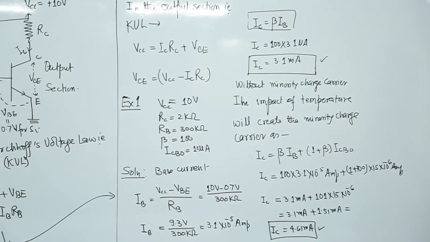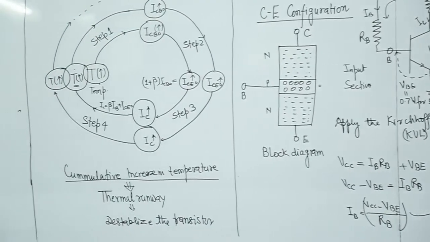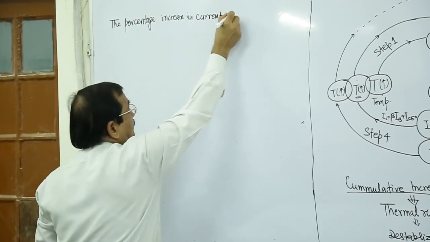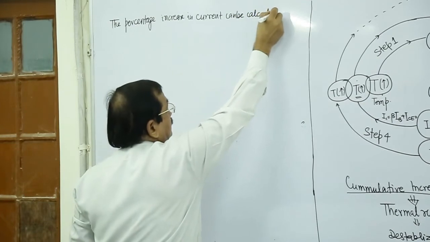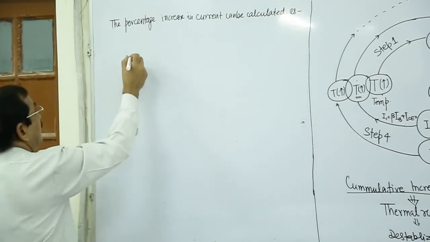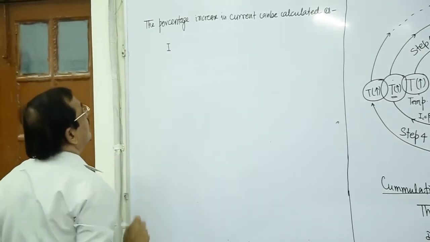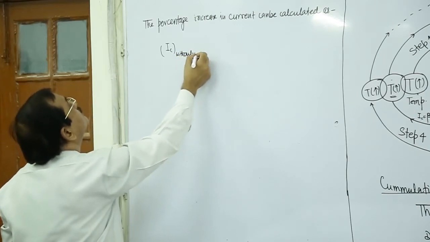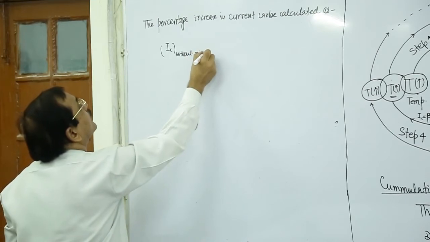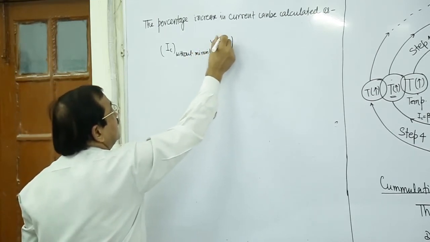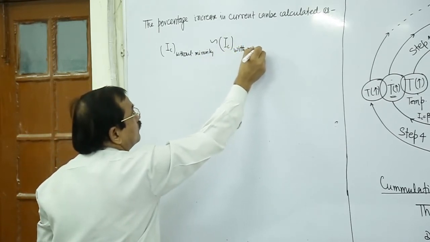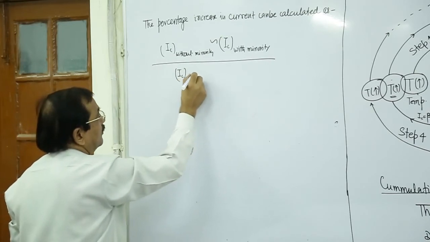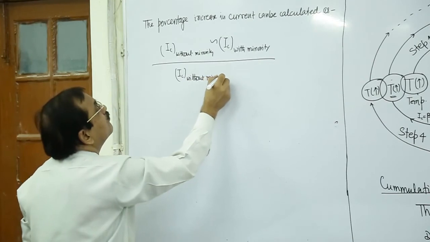The percentage increase in current can be calculated as IC without minority, difference IC with minority, divided by IC without minority.